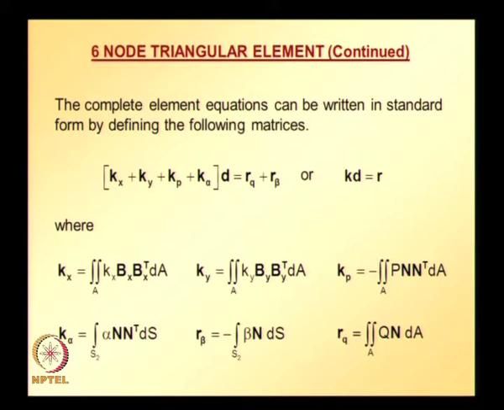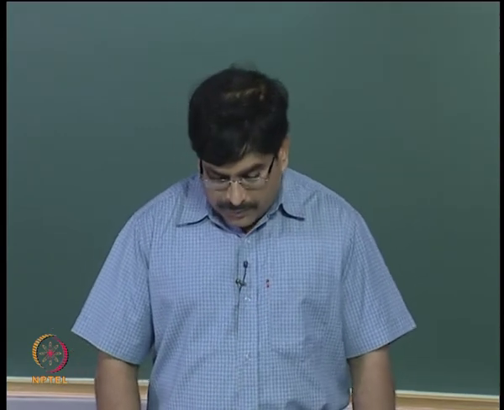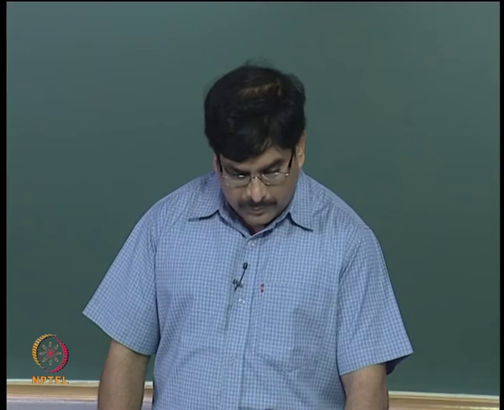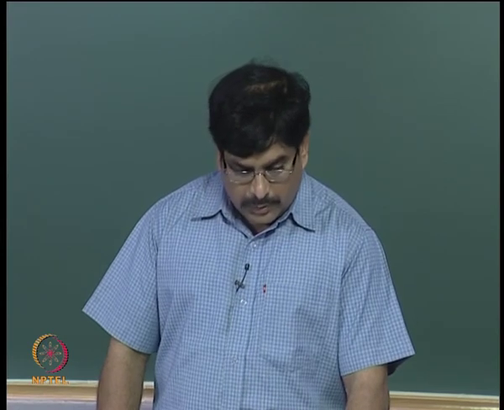So, now if you see here, we have area integrals, that is, the integrand needs to be evaluated over the triangular element area, and sometimes the integrand needs to be evaluated over the boundary of the element. So, we need to discuss integration for these triangle elements, similar to what we did for quadrilateral elements.